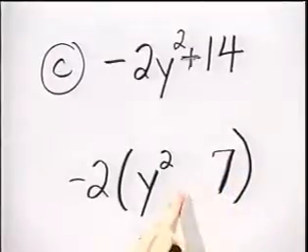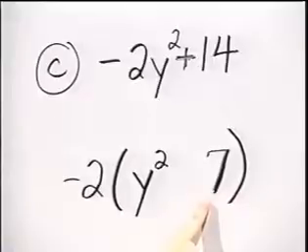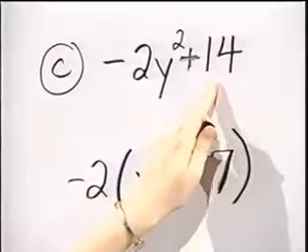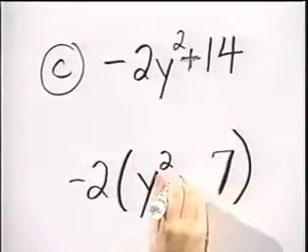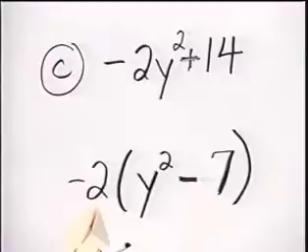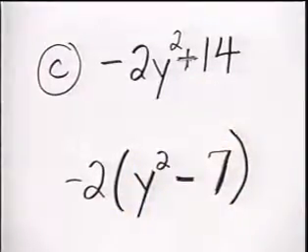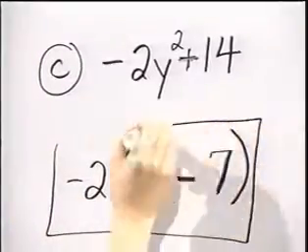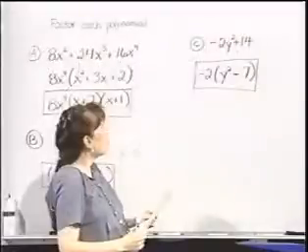So the big question is, what sign goes in between the y squared and the 7? Well, think about it. If you remove a negative 2 from a positive 14, you have to be left with a negative 7, because negative 2 times negative 7 is positive 14. So that one's a little tricky, but you can factor that polynomial like that, and that's probably the best way to factor it.